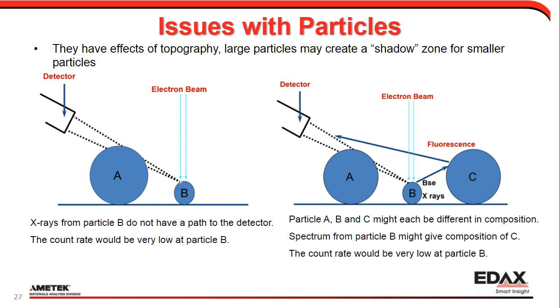There's a big particle, particle C, adjacent to particle B, and X-rays from particle B may excite particle C due to fluorescence. And X-rays from particle C have a path to the detector. So we think we are analyzing particle B, but actually the composition is a combination of particle B and particle C.